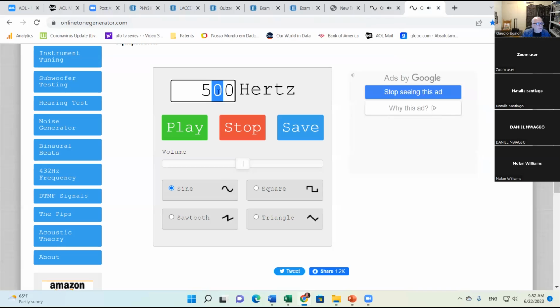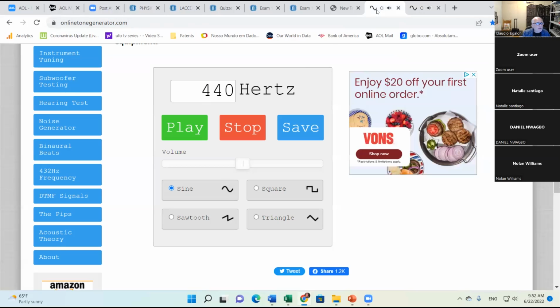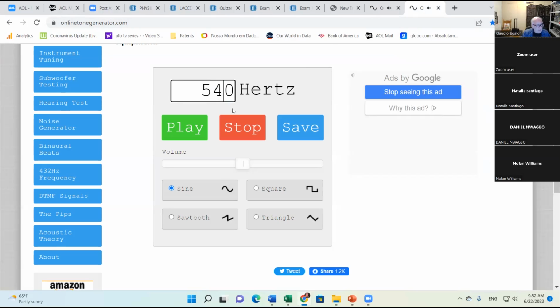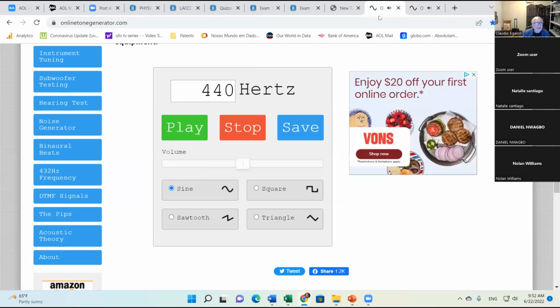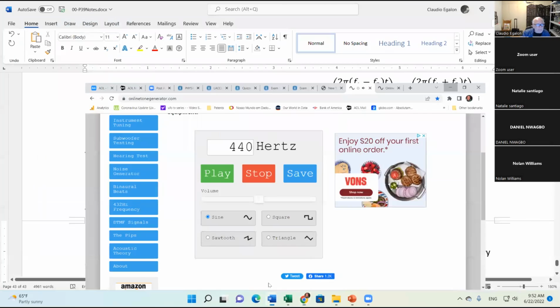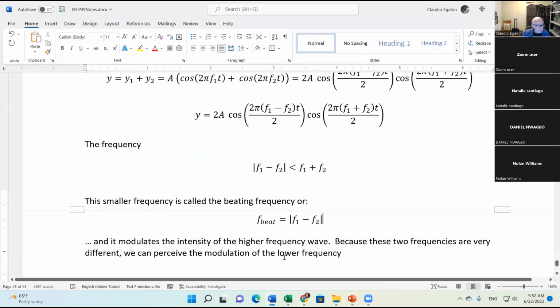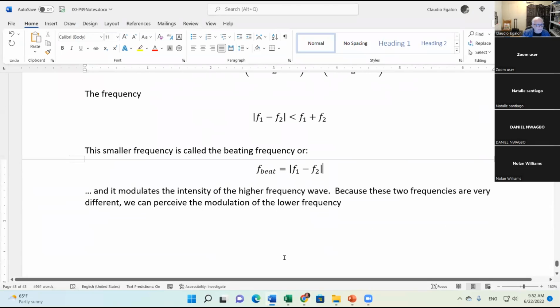If I put 440, let's put 100 beats per second, okay? That's 100 beats per second. So I cannot say easily perceived. It all depends on the beating frequency. Very different, you can perceive the modulation of the lower frequency.